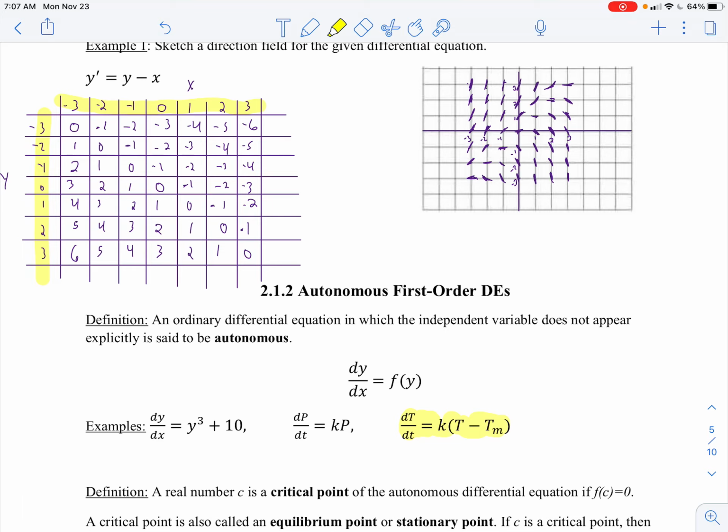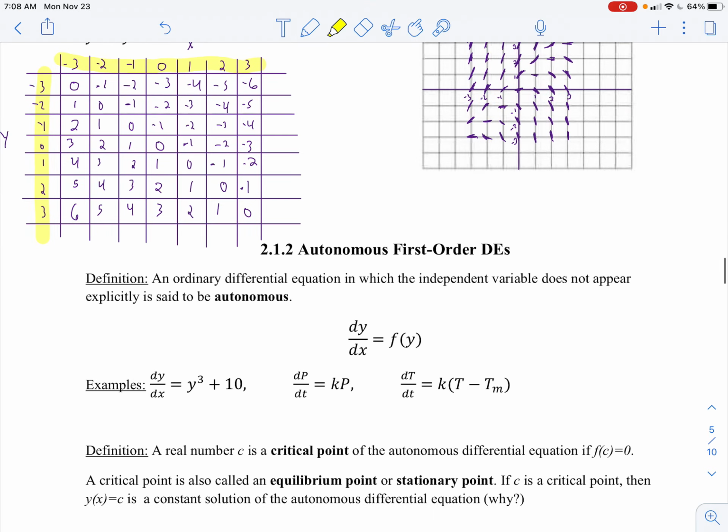So that's what an autonomous first order differential equation is. It's going to be defined pretty much by its dependent variable.